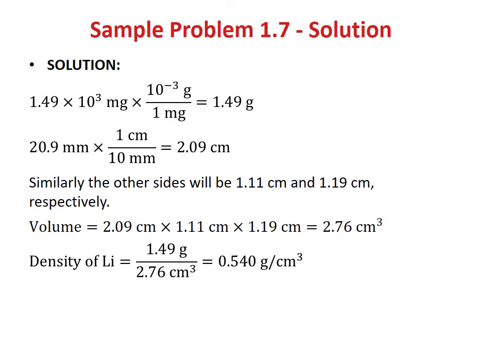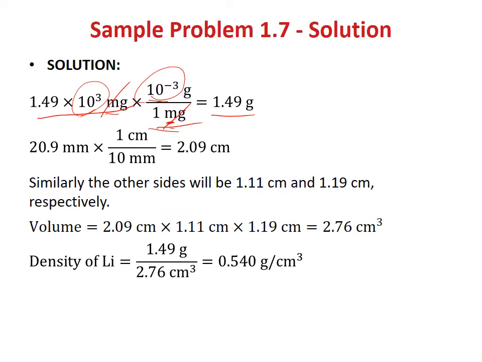Here is the solution. First, we convert the mass from milligram to gram. So this is given, milligram, and the conversion factor is 1 milligram equals 10 to the minus 3 gram, because milli means 10 to the minus 3. You use milligram as a denominator so that milligram cancel each other, and then 10 to the 3 and 10 to the minus 3 cancel each other, and you get 1.49 gram.